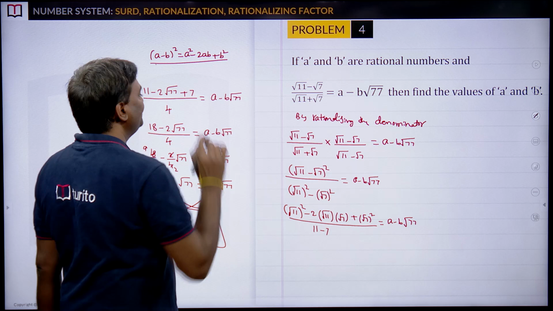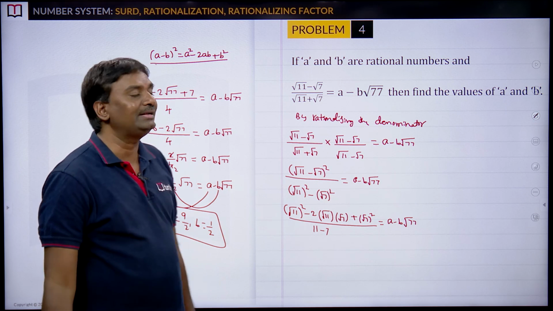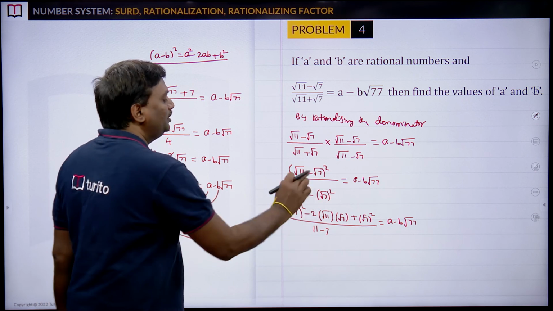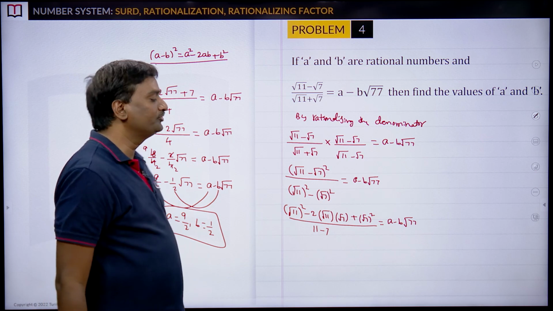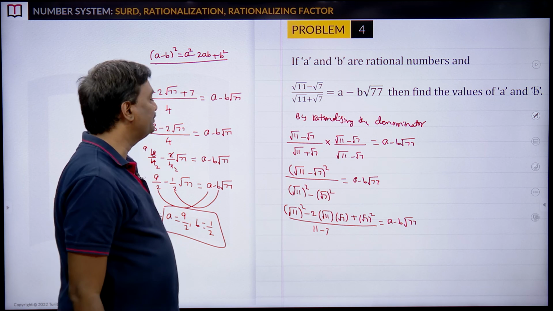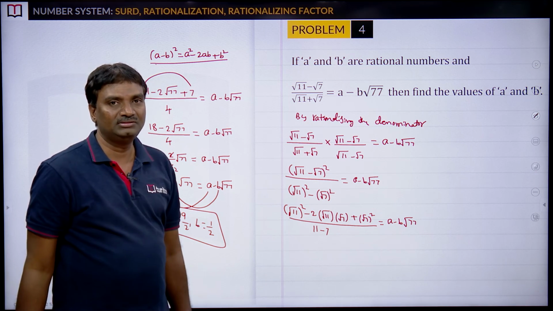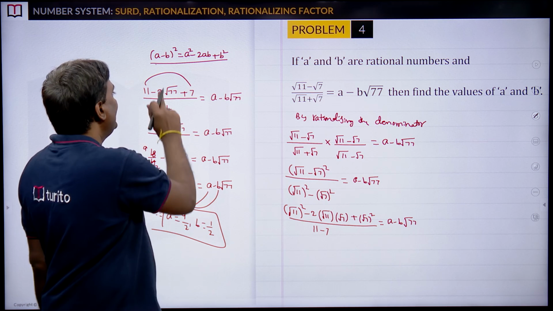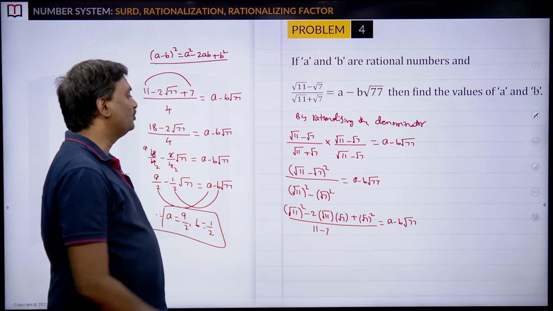Okay, so this is the identity. By simplifying, root 11 into root 11 is 11, minus 2 into root 11 into root 7, root 77, plus root 7 whole square, 7, by 11 minus 7, 4, equal to a minus b root 77. By adding the similar numbers, 11 plus 7 is 18, minus 2 root 77, by 4, equal to a minus b root 77.